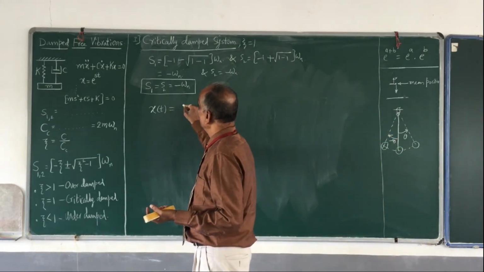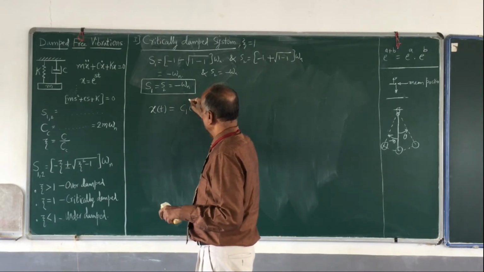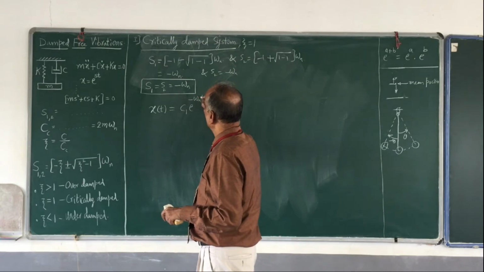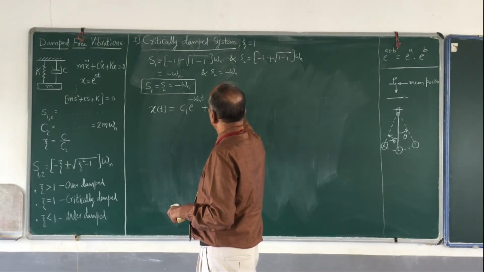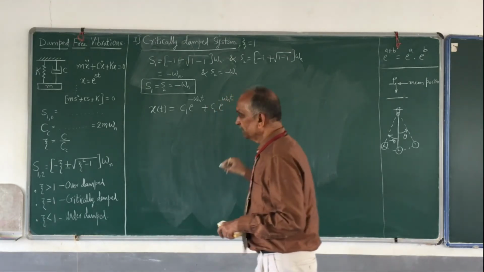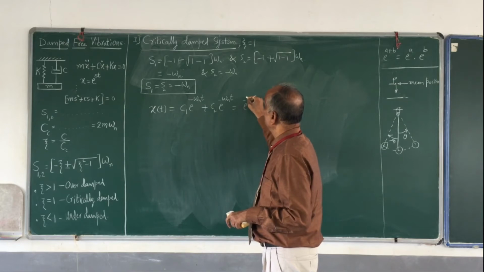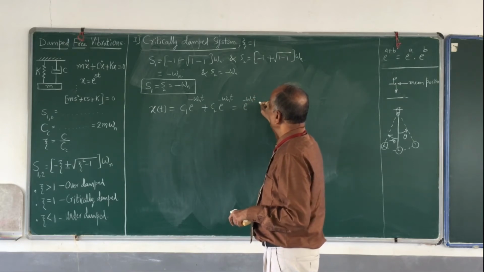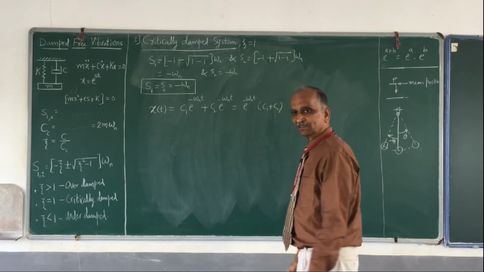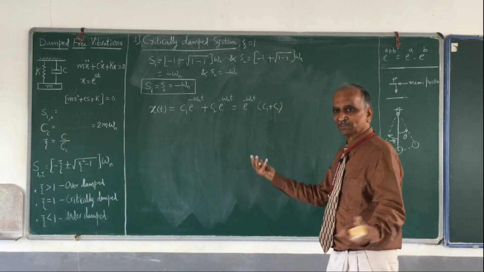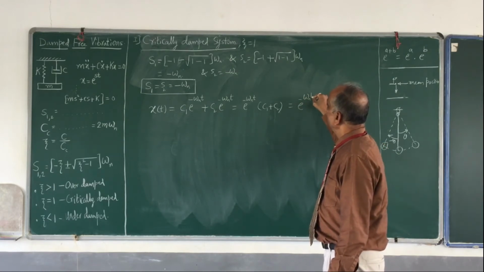If I write C1 into e raised to S1t, which is minus omega n into t, then plus C2 into e raised to minus omega n into t. If I write like this, then it is e raised to minus omega n into t into C1 plus C2. C1 is a constant, C2 is also constant, then C1 plus C2 is also a constant. This is equal to e raised to minus omega n into t.